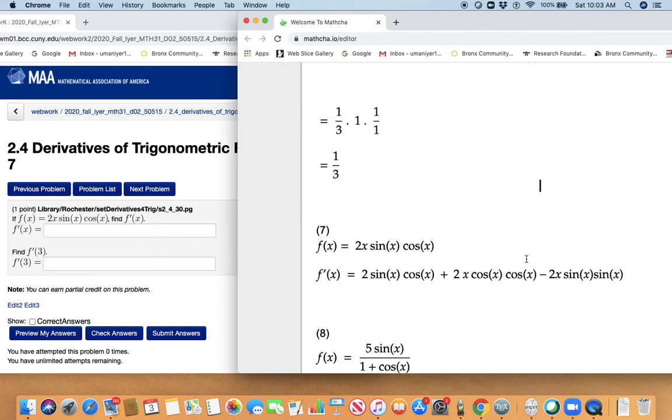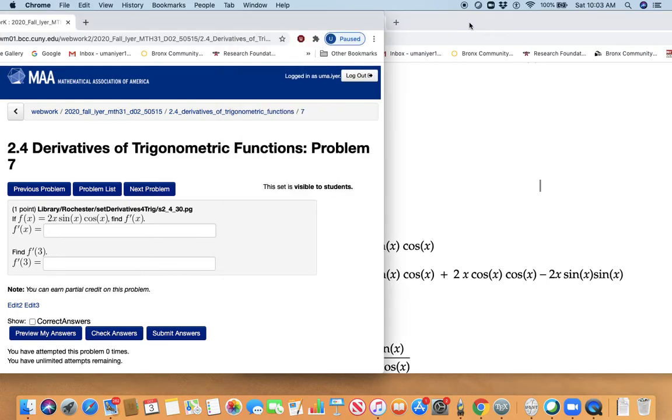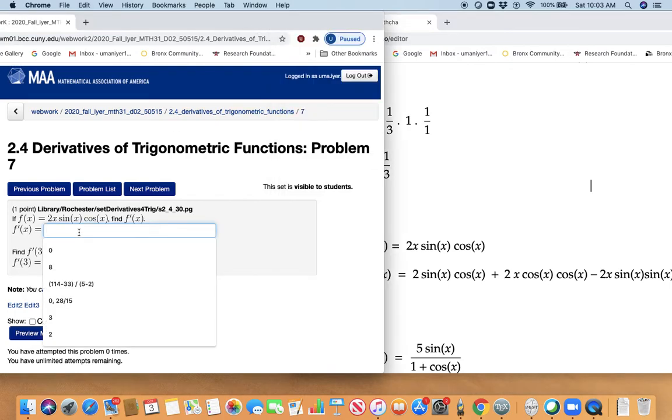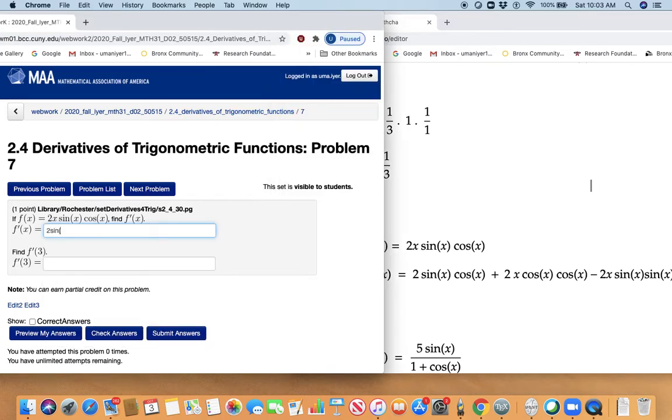All right, so all this gets me, let's write it here, 2 sine x cosine x plus 2x cosine squared x. You see, 2x cosine x minus 2x sine squared x.